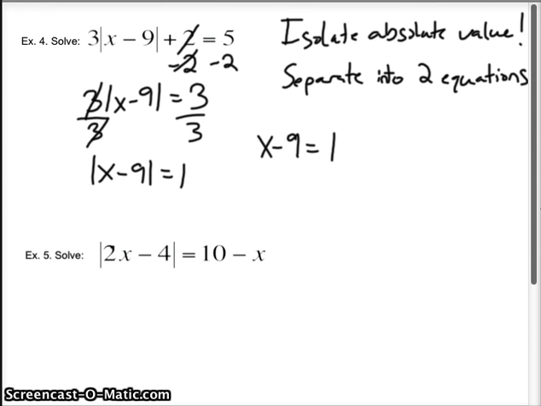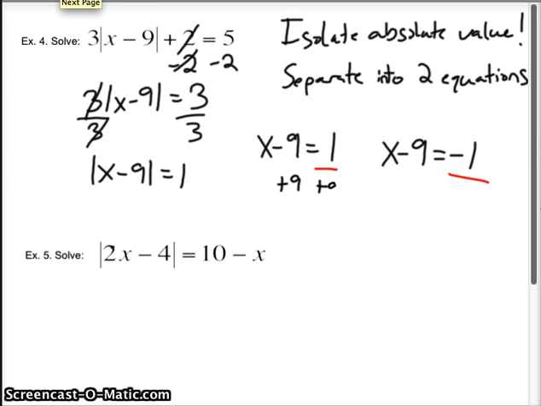Or, that same x minus 9 could equal negative 1 because absolute value would wipe off that sign. So I'm getting my 2 equations by taking the negative and the positive. And from there now, I just finish solving.